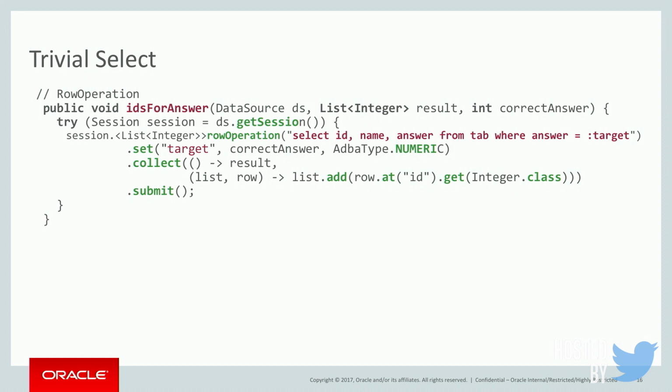What's happening here is we're going to build a list of integers taken from the column ID. You stuff the IDs into the list, and so we prepare everything, we submit. When the implementation executes the operation, that's what's going to happen under the cover, asynchronously. It's going to execute the SQL statement, stuff the result into the list, and return a list of integers.